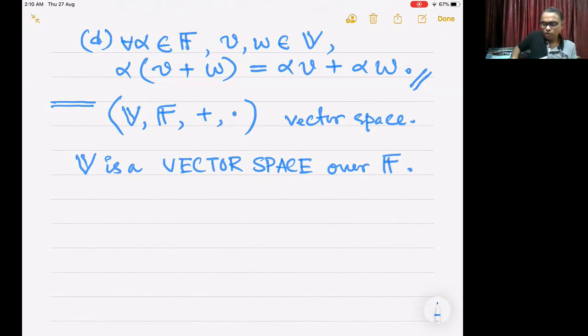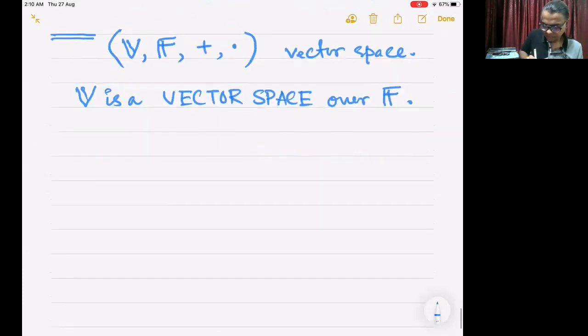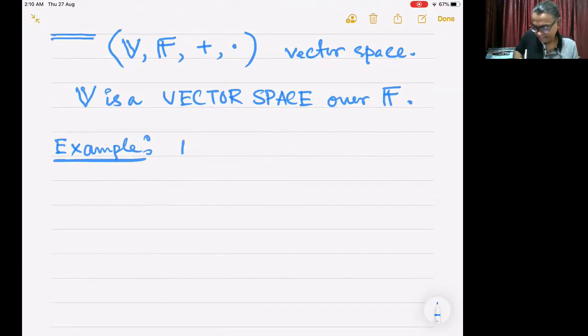Let's quickly see some examples so that we feel comfortable with what we have learned. First example, of course, the one we are absolutely comfortable with: R2, R3, and in general Rn.